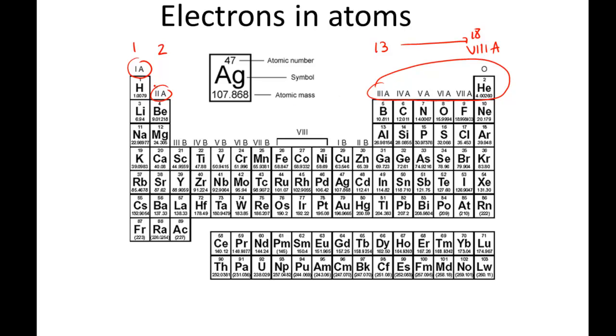But the A groups really are going to work out well for us. For starters, we're not going to look at the transition metals, which in this case are the B groups, and so I'm going to go to another periodic chart where I have eliminated the transition metals.